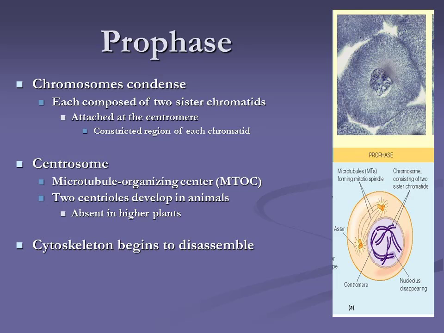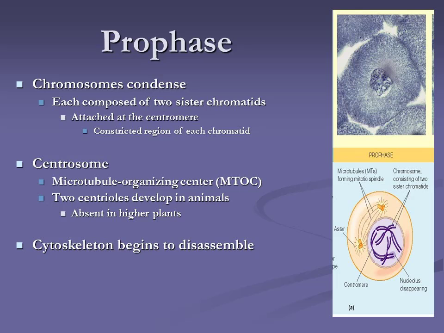Now, don't confuse the centromere, the center part of our chromosome, the connected part of our sister chromatids, with centrosome. Our centrosome is going to be our centrioles, and these are going to be the structures that are going to organize our cytoskeletal components that are called microtubules.